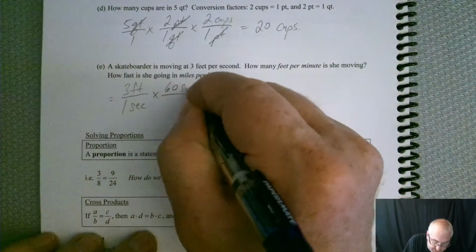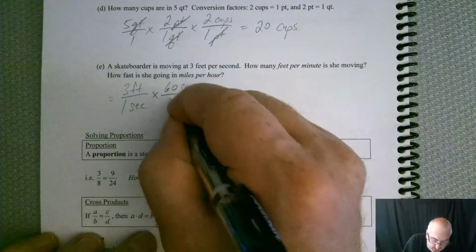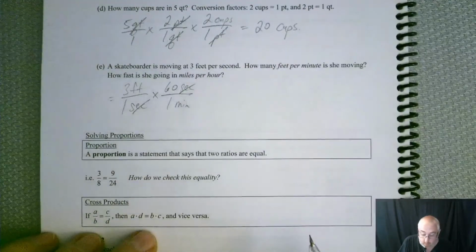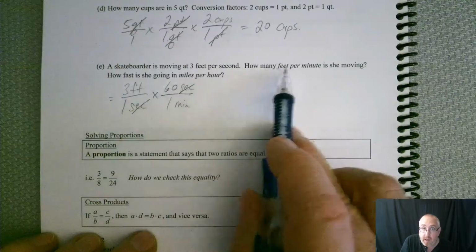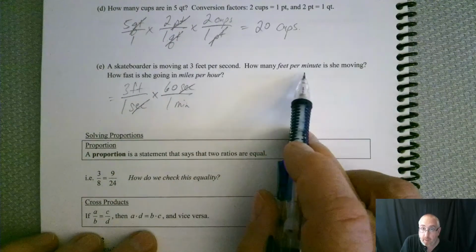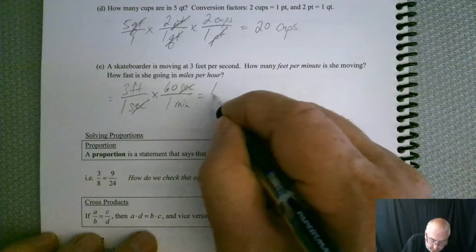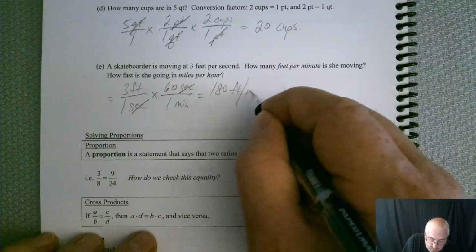So let's put the 60 seconds on the top because the units can cross cancel. And then we got the 1 minute on the bottom. So now we got feet on the top, which is what we want, and minutes on the bottom, which is what we want. So now we can just multiply the numbers. So it looks like we're going to get 180 feet per minute.